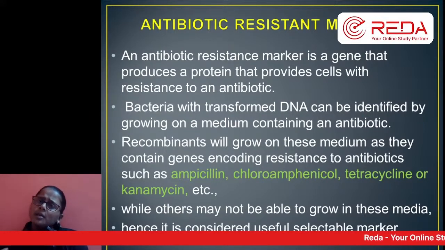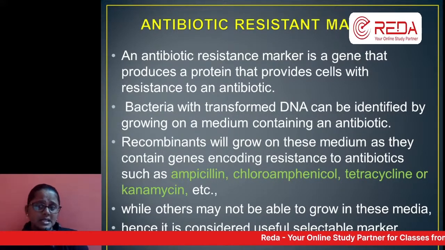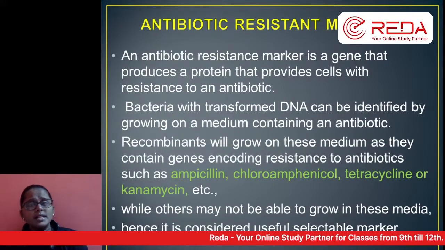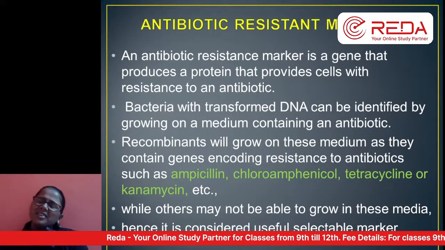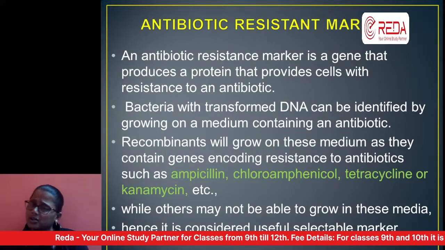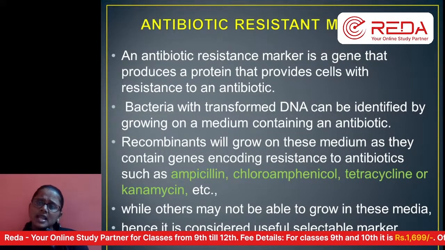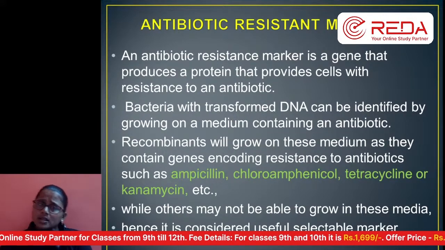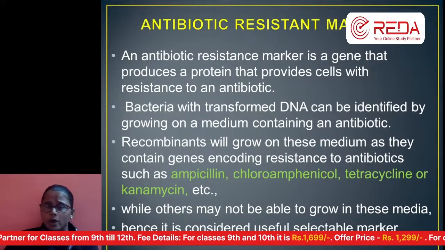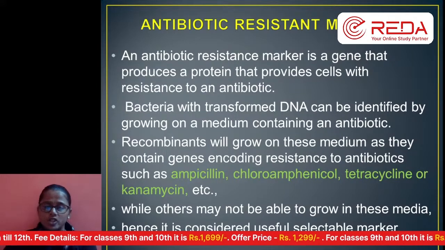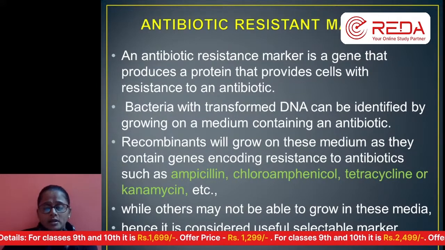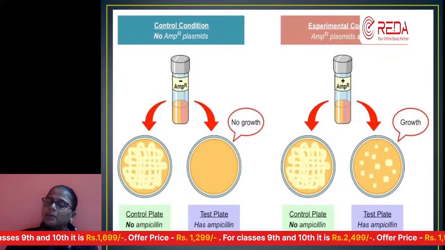If there is an ampicillin resistant gene and you put these cells in antibiotic containing ampicillin, they are not affected because they have the resistance towards it. So they can grow on such an antibiotic. That is called an antibiotic resistant gene, and it acts as a selectable marker.